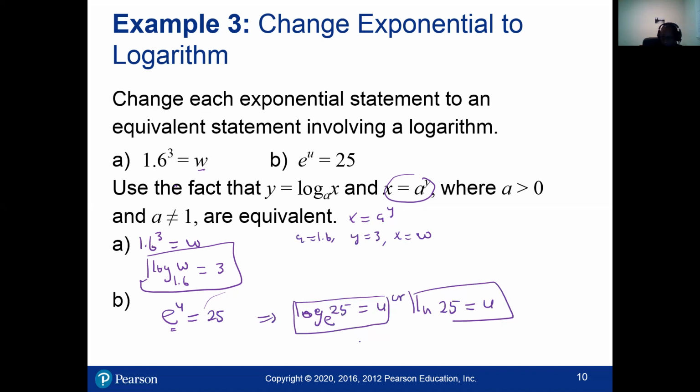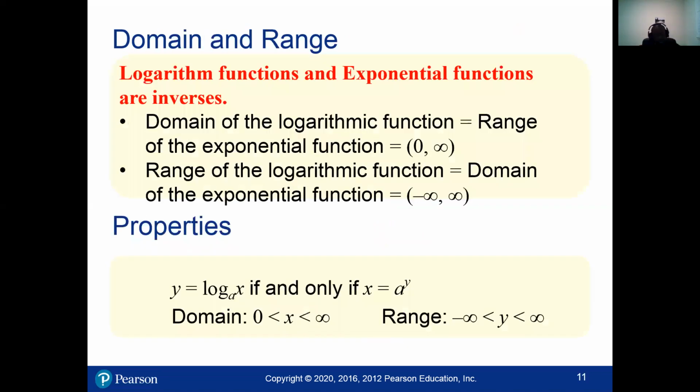Now, like we stated from the graphs that I showed you, the logarithmic function and the exponential function are inverses. So the domain of an exponential function is the range of the log function, and the range of the exponential function is the domain of the log function.